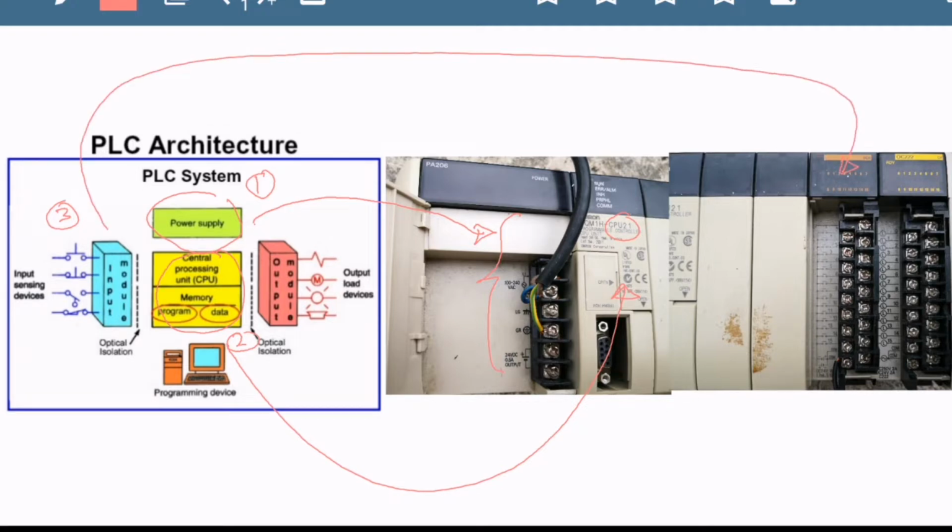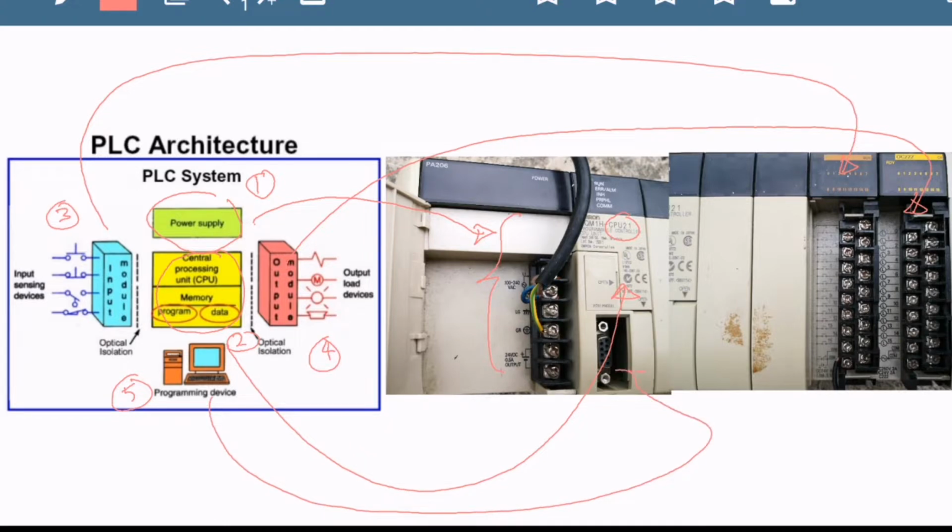This is for the CQM1H model of Omron PLC. Number four, the output module. This is the output module. And then number five, the programming device.